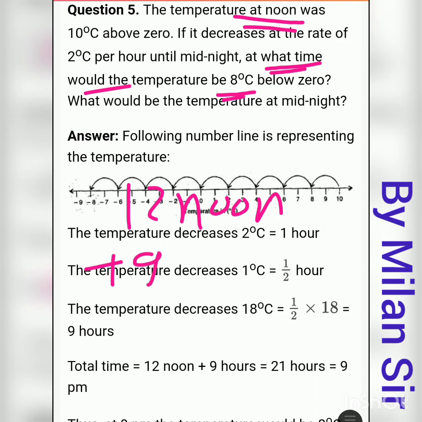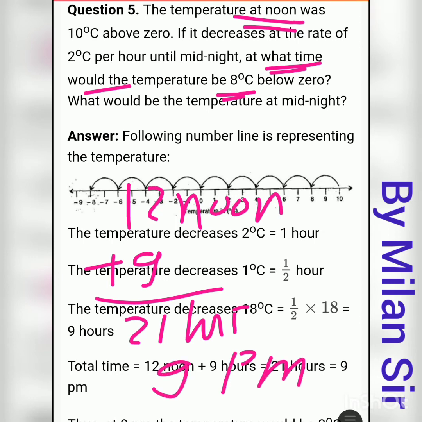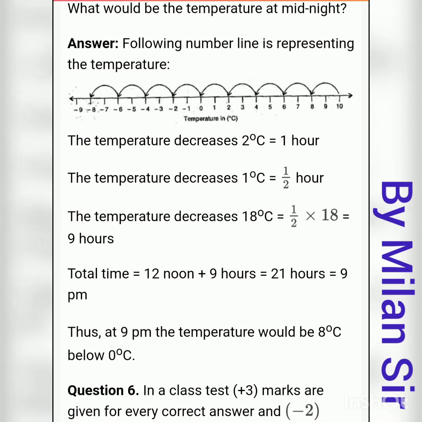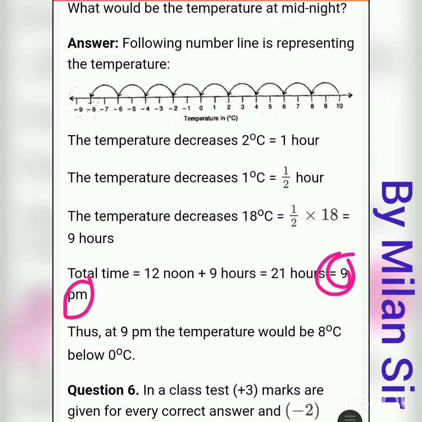So 12 plus 9 is 21 hours, and 21 hours means 9 p.m., right? So our answer is 9 p.m.